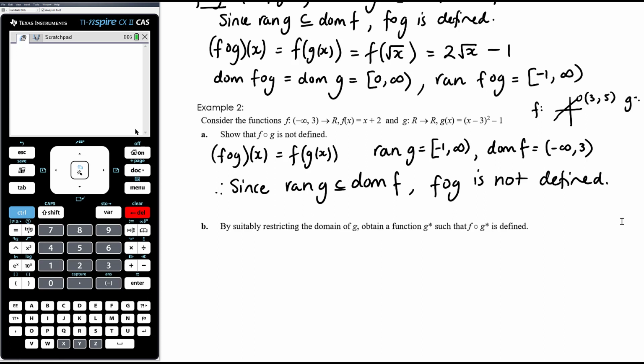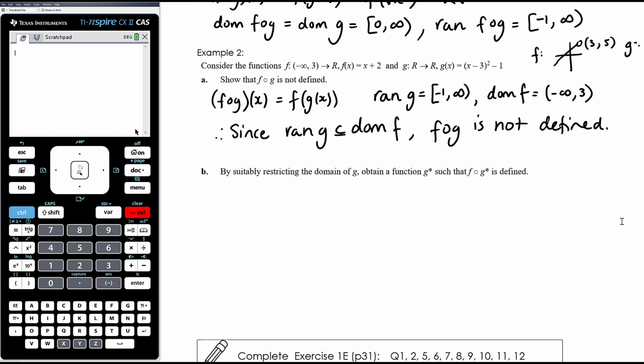So the problem at the moment is that the range of G includes numbers that are not in the domain of F, okay? So at the moment, G of x is a parabola with its turning point at (3, -1).